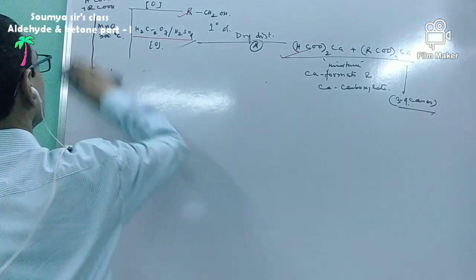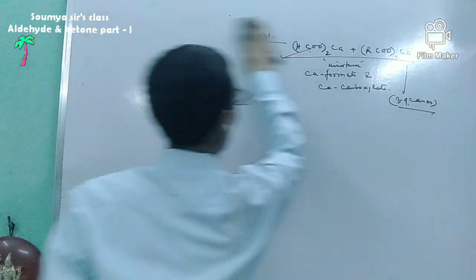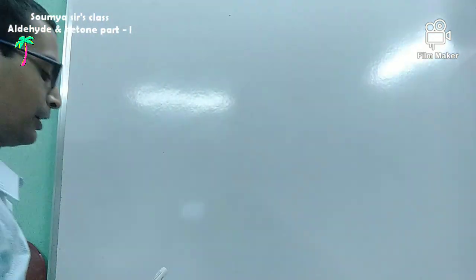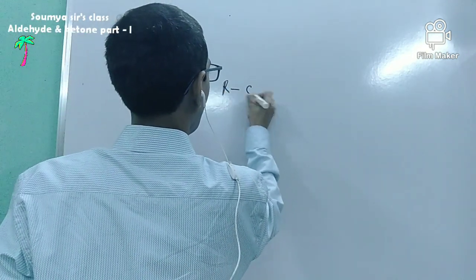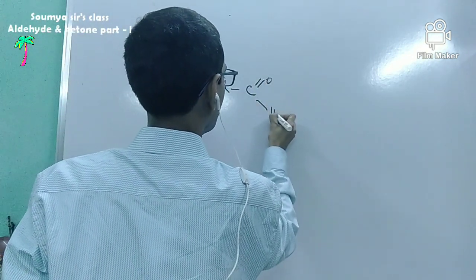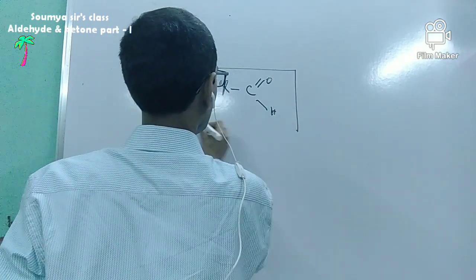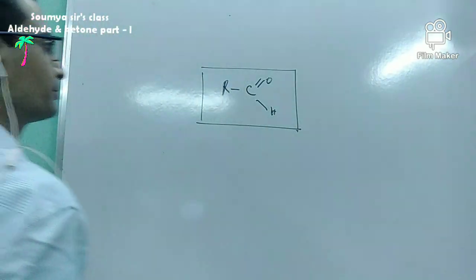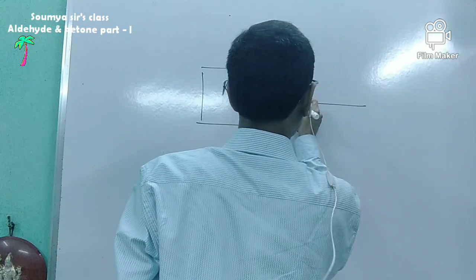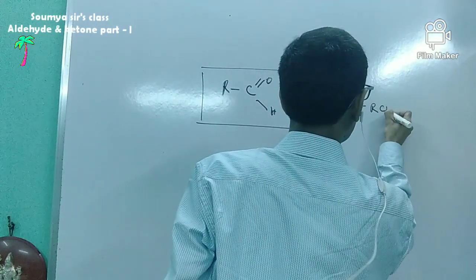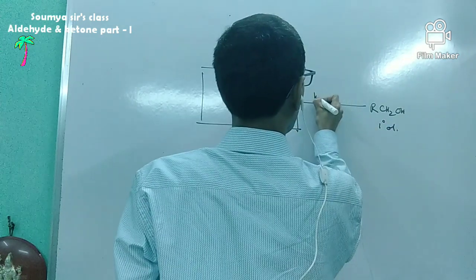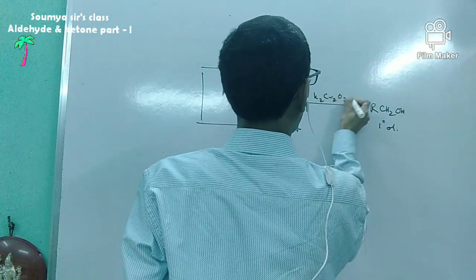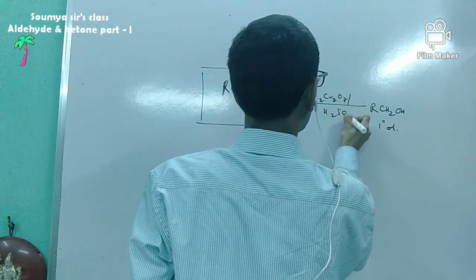If I write the aldehyde at center with this carbonyl group sp2 hybridized, then at first we have to remember the RCH2OH, that is 1 degree alcohol, will undergo oxidation with K2Cr2O7 and H2SO4 to give aldehyde.